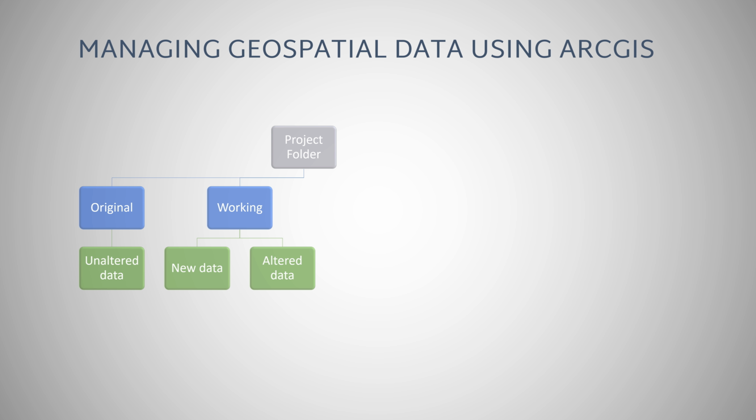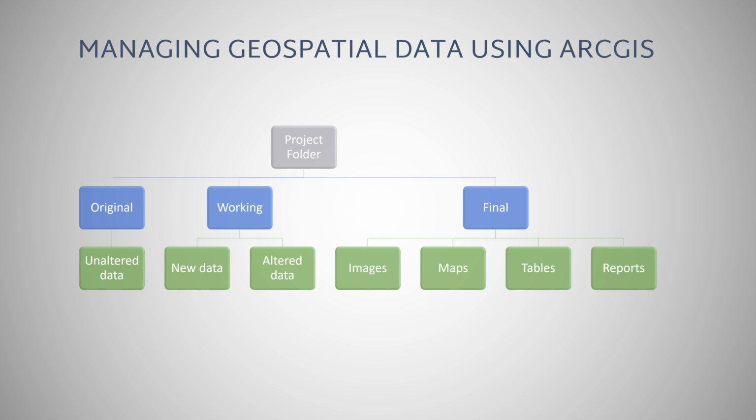Use the final folder for storing any output you produce as a result of your work, such as images, maps, tables, or reports. In this activity, you will primarily be using the original folder and the working folder. However, setting up the standard folder structure for a project is good practice and a habit you want to develop.